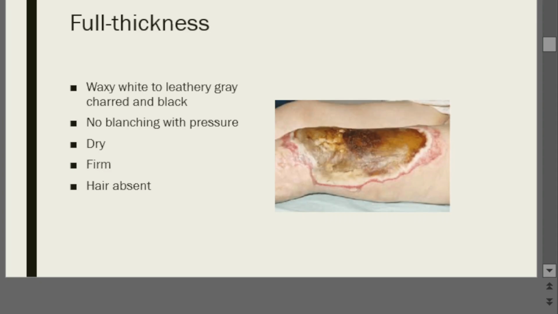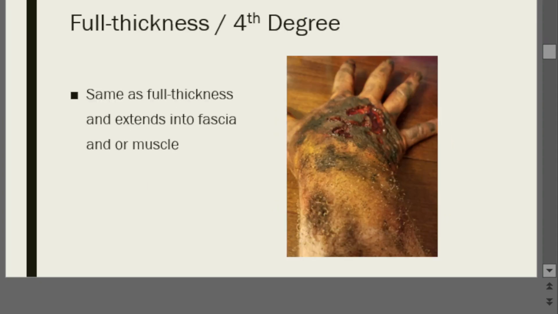In our full thickness burns, we have this waxy white or leathery gray or charred and black appearance. You may see varying kinds of colors with this. And obviously, as we go deeper, there's not going to be any blanching with pressure. The area is going to be dry and firm, and because more of the dermal layers are affected, there's not going to be any hair.